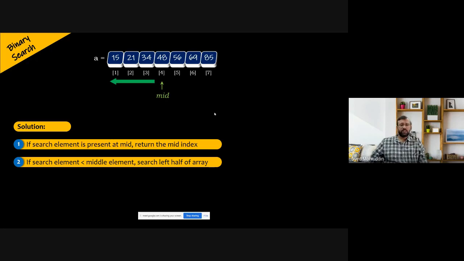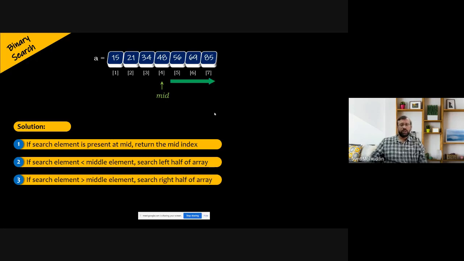Then we search the left half of the array, and we do not bother about the right half of the array. That is where the divide and conquer approach comes in. Then if the search element is greater than the element at the mid index, we search the right half of the array, and we are not bothered about the left half. So this is the solution. We need to consider 3 points.